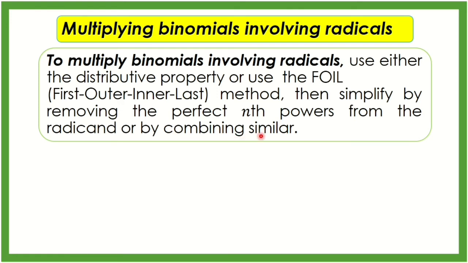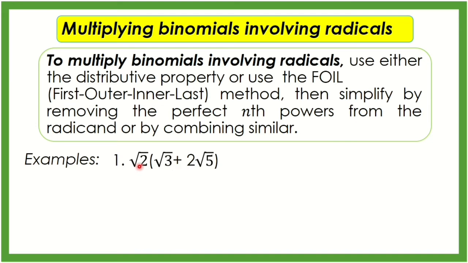Let's have example number 1, square root of 2 times square root of 3 plus 2 square root of 5. Ang square root of 2 is a monomial. Ang square root of 3 plus 2 square root of 5 is a binomial. Kapag meron tayong monomial times binomial, ang gagamitin natin is distributive property.